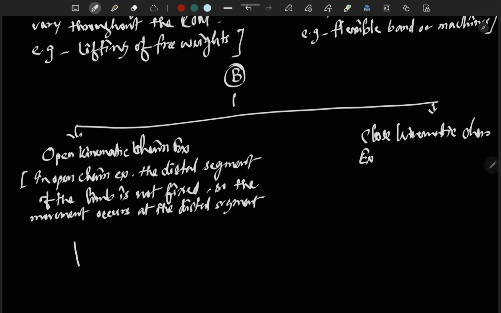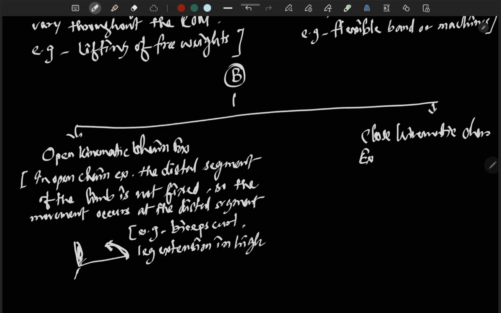Suppose this is the biceps, this is elbow. The elbow is flexing towards this side. The distal portion is the wrist, moving towards this side. This is example of open kinematic chain. So example is biceps curl or leg extension in high sitting.